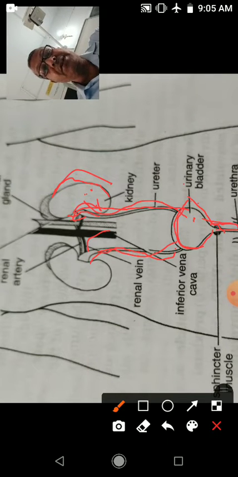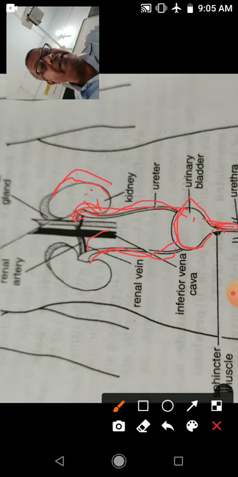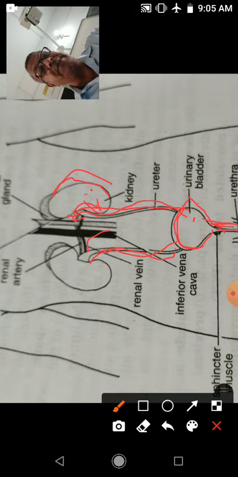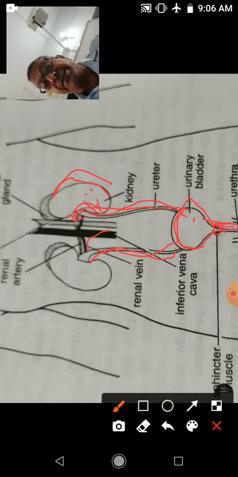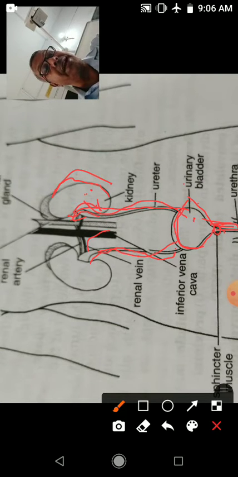This is known as the urethra, and it has a muscular urethral sphincter. So this is the muscular sphincter, and this sphincter closes the opening of the urethra. It stays closed, and only opens to allow urine to pass during the voiding of urine.